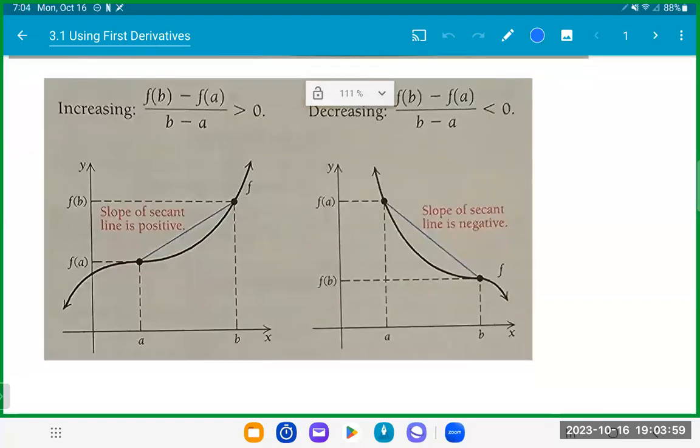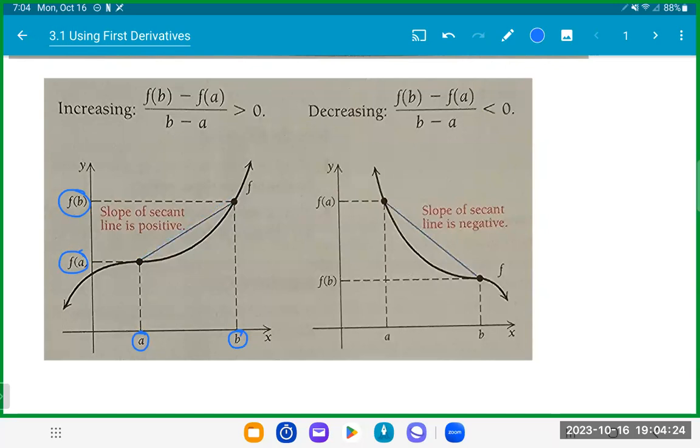And that's what this graph on the left shows, right? If my A is smaller than my B, my x1 is smaller than my x2, and the output of A is also less than the output of B, then that means my graph is increasing.